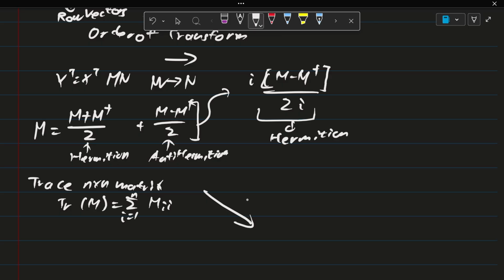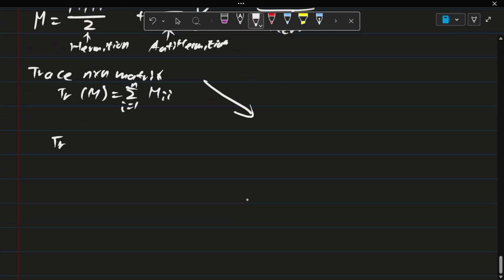So here are some properties of the trace. The trace of m times n is the same thing as the trace of n times m. And the way that you could see this is by literally expanding it, and you would see that if you regroup it in a certain way, you'd get the trace of nm instead of the trace of mn. It's just a matter of regrouping.